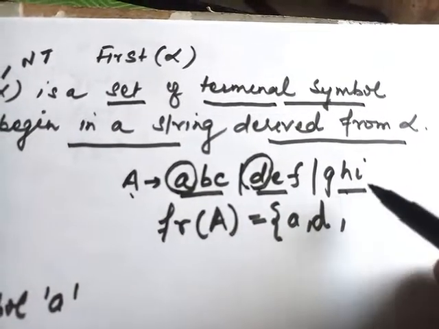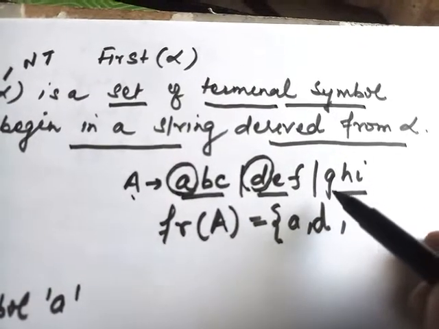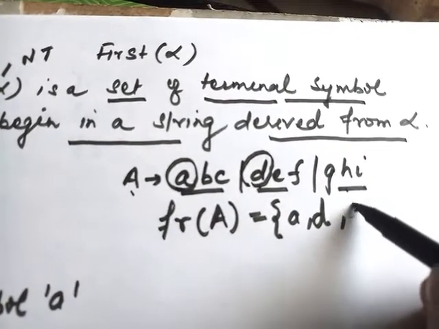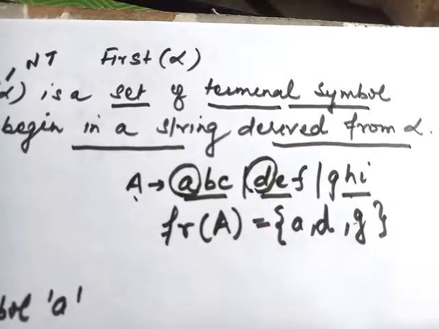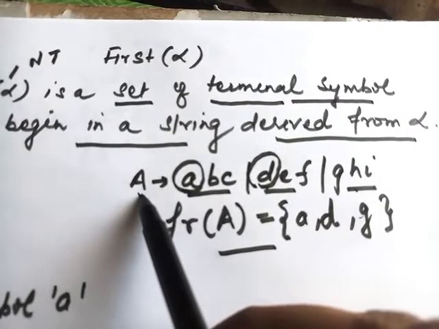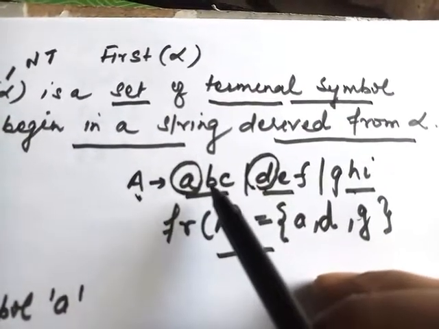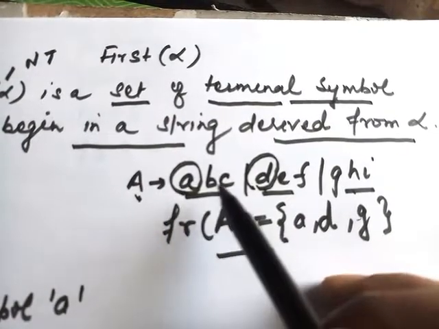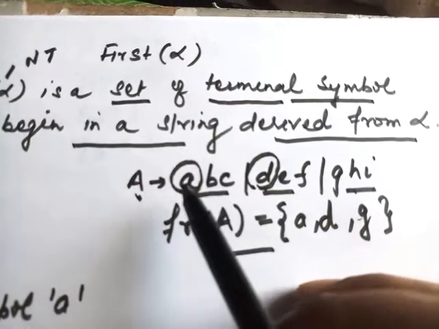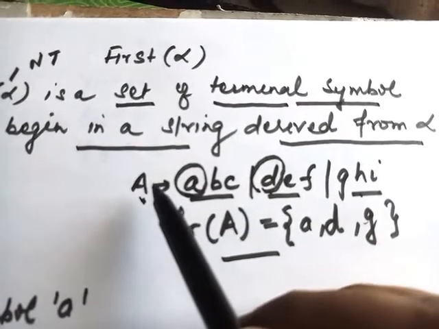Similarly, go to the third case. Again, A derives g, h, i. So what is the first symbol? g. So you will say that g is the first of A. Very simple. How to calculate the first of a non-terminal A? Whatever production is given, on the right-hand side we will see the string, and whatever is the first terminal, that will be the first of A.